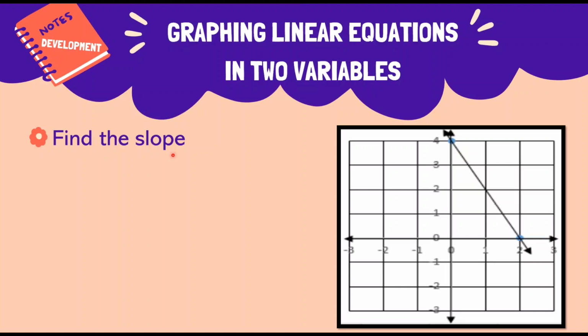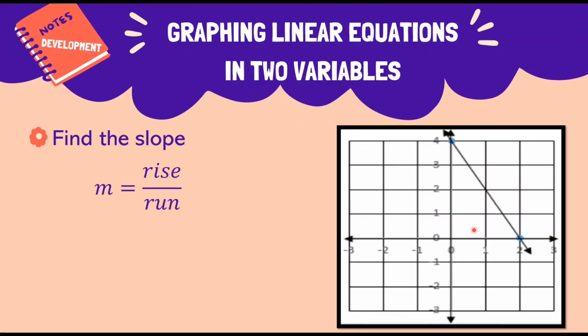How are we going to find the slope? Did you still remember our previous lesson regarding finding the slope when the given is a graph? Very good. That is based on rise over run.